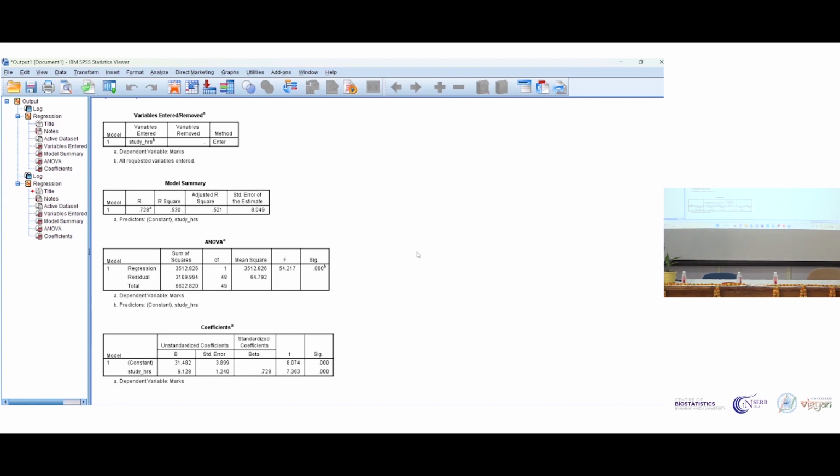ठीक है? अगर आप चाहो तो लिखो. 53% of the variations of marks being explained by study hours.